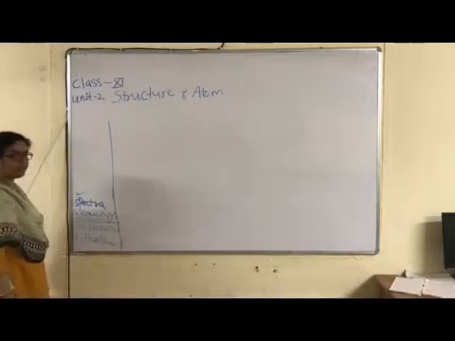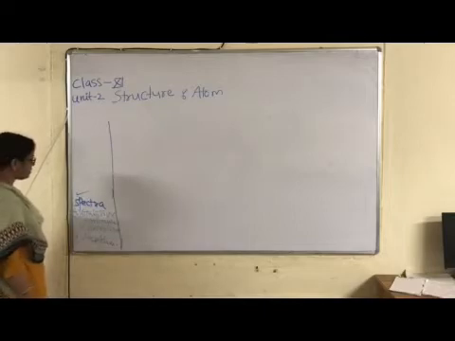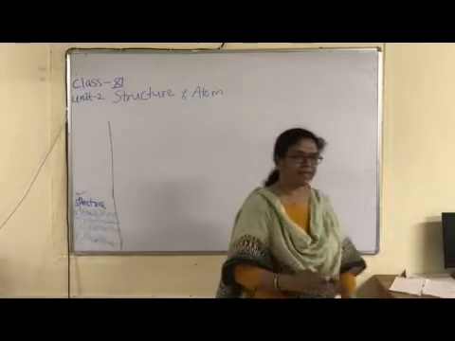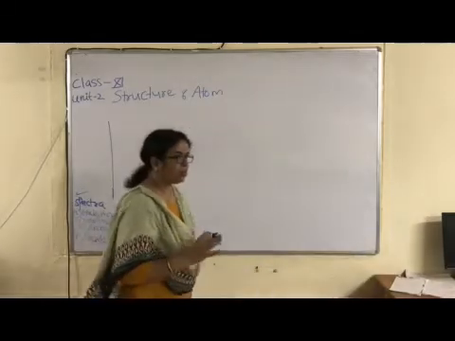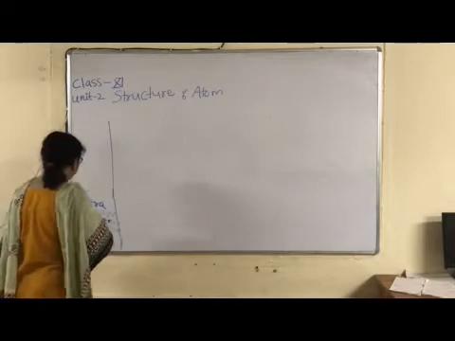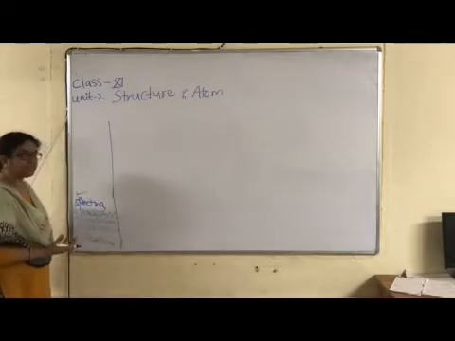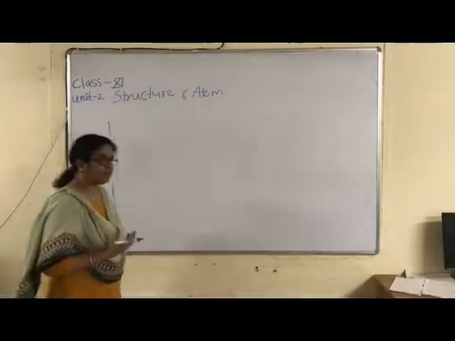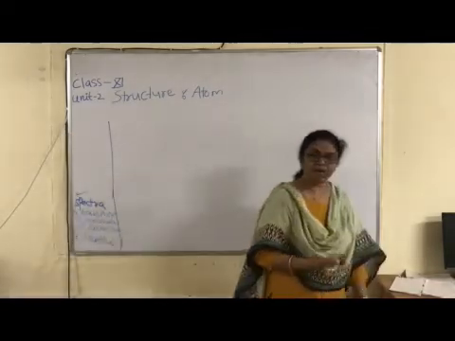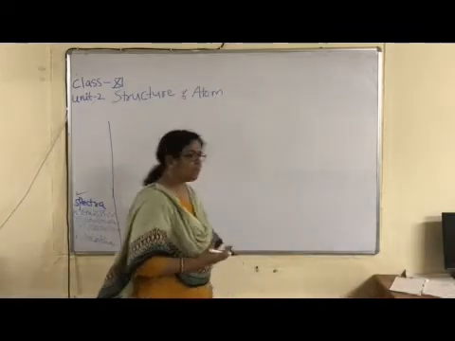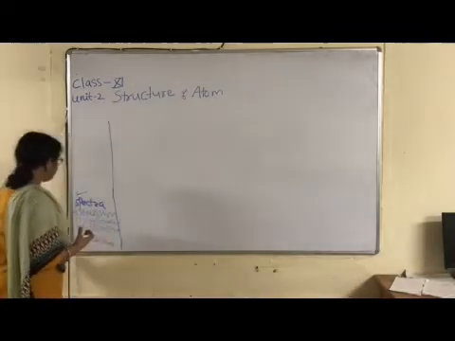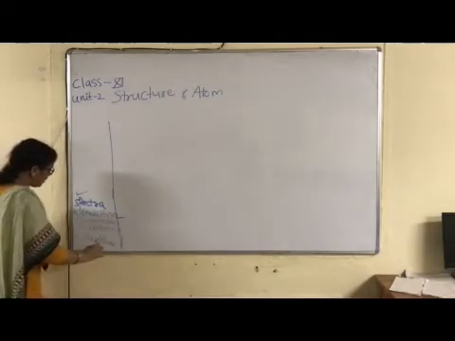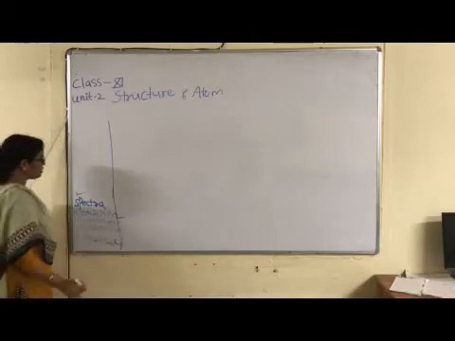Now children, spectrum is dispersion of light into different colors, different wavelengths, when light is passed through a prism. On the basis of radiations, whether absorbed radiations are analyzed with the help of spectrometer or emitted radiations are analyzed with the help of spectrometer, spectrum is classified into two main categories. First is emission spectrum and second is absorption spectrum.